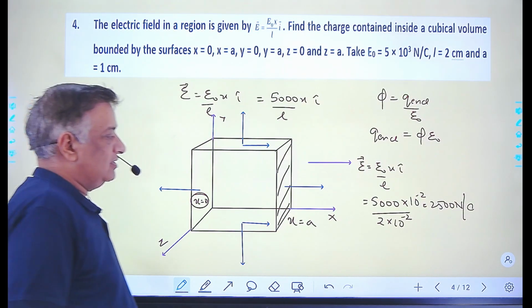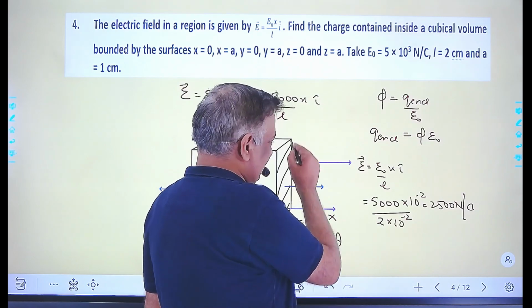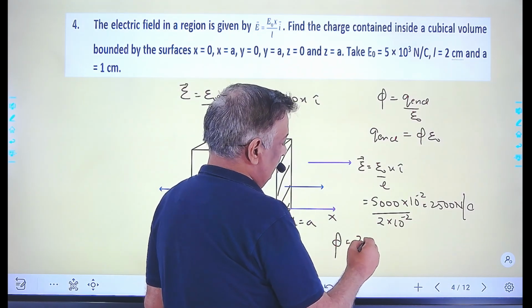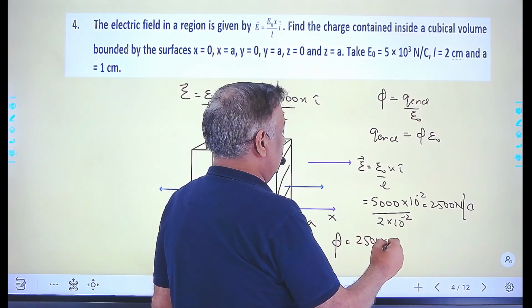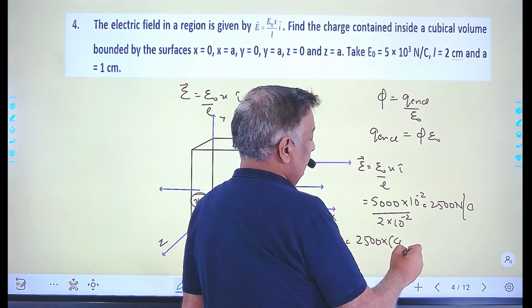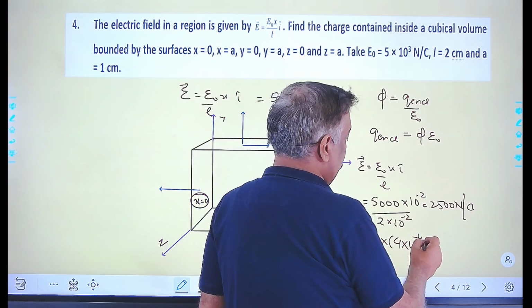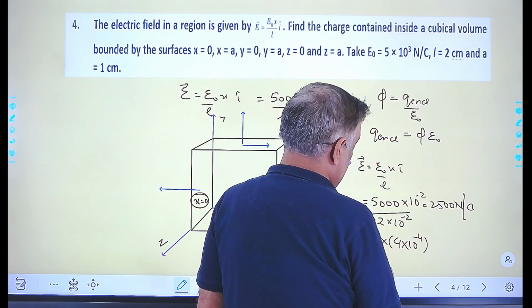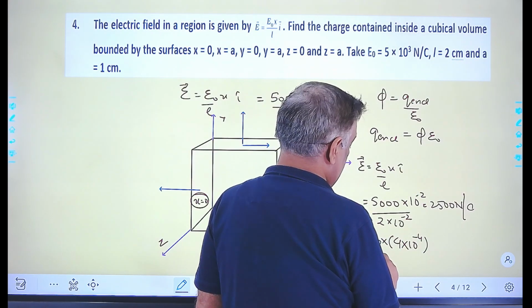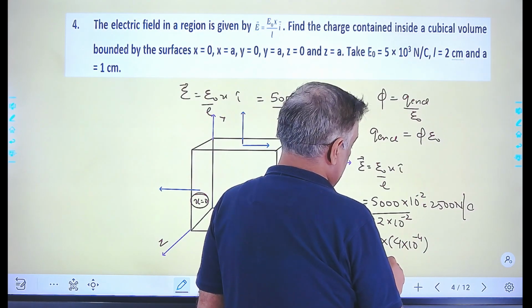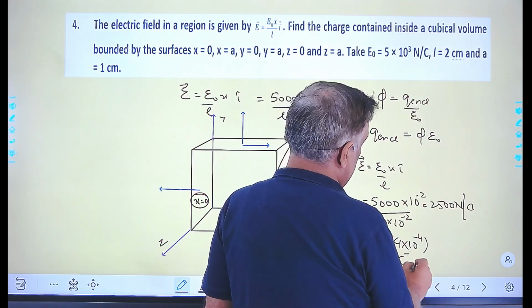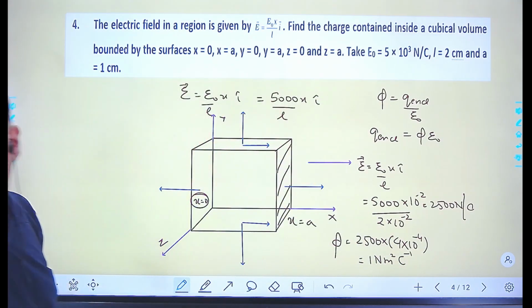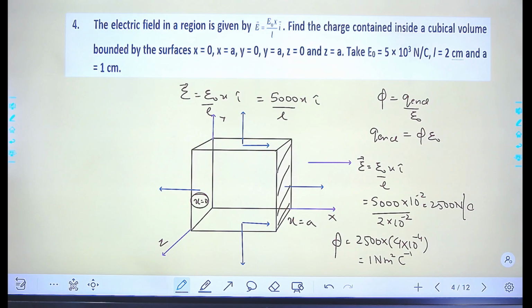So flux through the surface, because we have to calculate for one surface, and area is a squared. So it comes out to be 1 Newton meter square per coulomb.